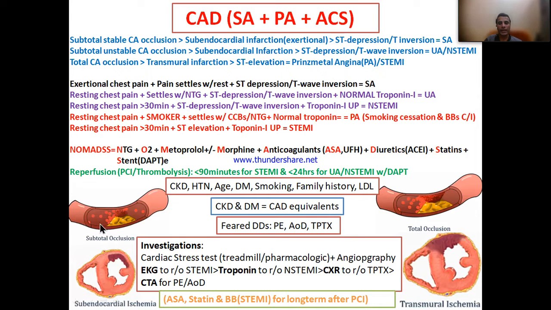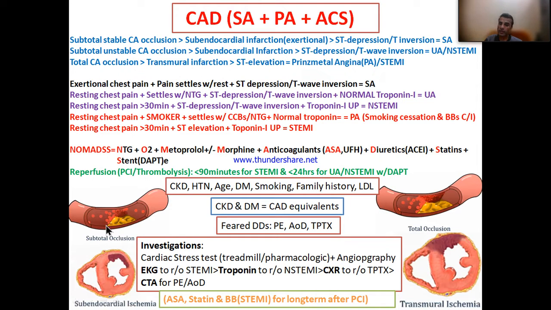So an unstable plaque will cause subtotal unstable coronary artery occlusion, and that will cause subendocardial ischemia during rest, and EKG changes will happen during rest as well. So it can happen either in unstable angina or in NSTEMI.